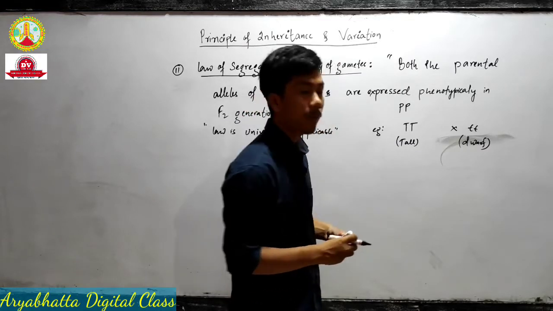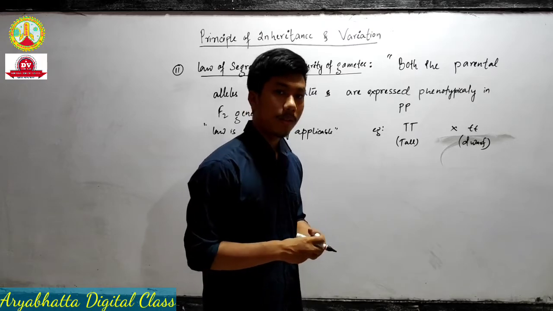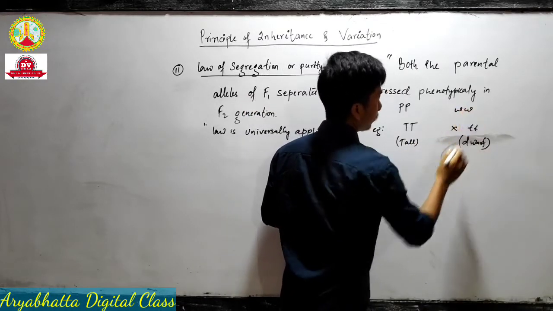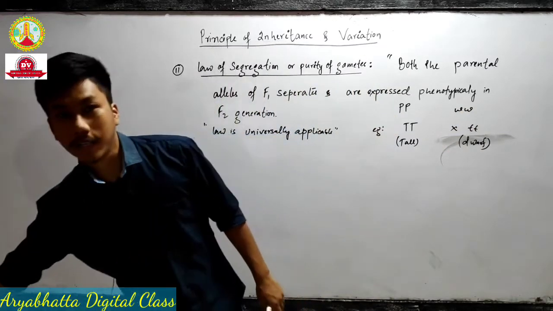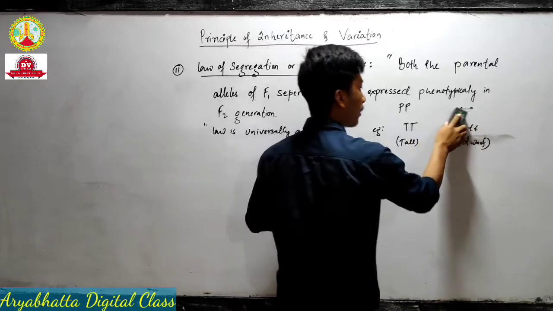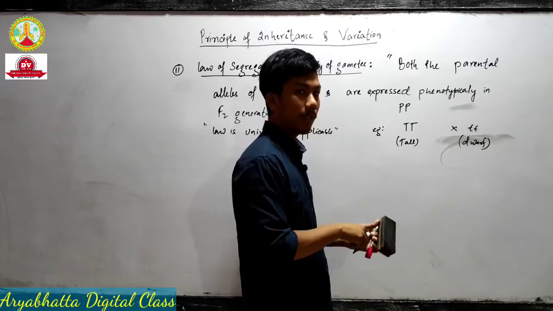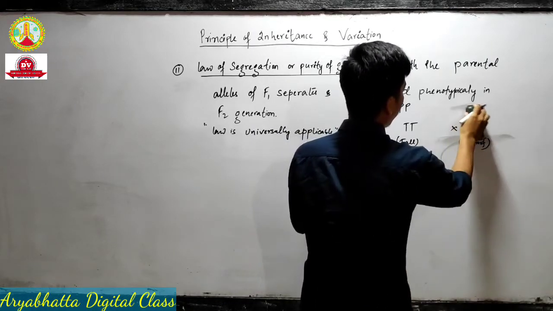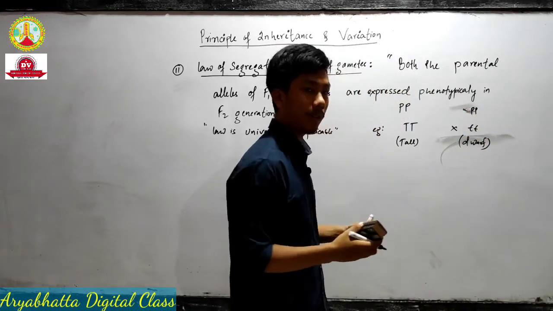So when we write a recessive character, we do not write it with W for white. We represent it with the same letter, but a small letter. So recessive we always represent with a small letter of the dominant letter. So small p is our recessive character, right?